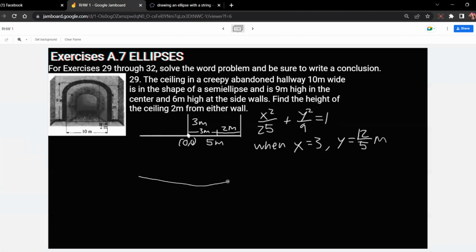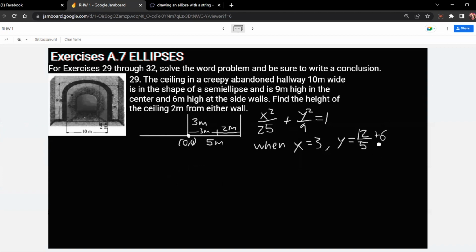Here. Okay. So the actual height from the ground. Tama naman yun, y is equal to 12. Your coordinate system is correct.